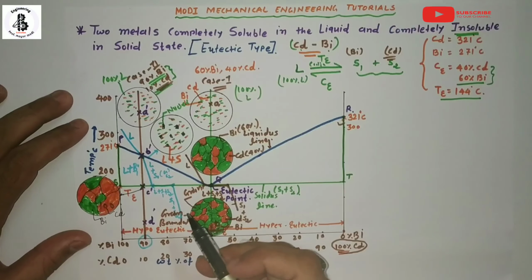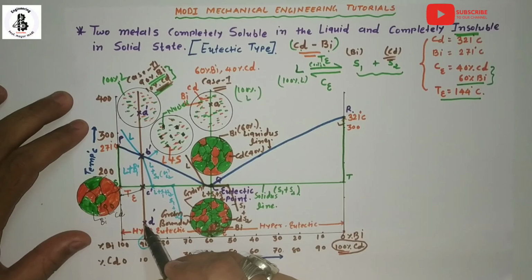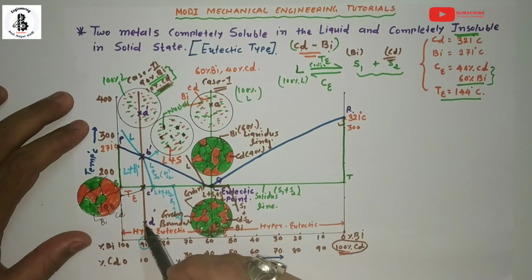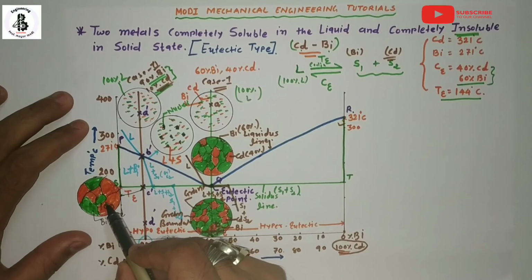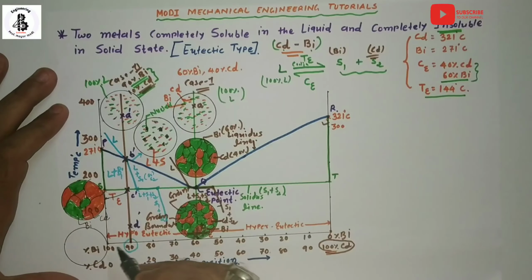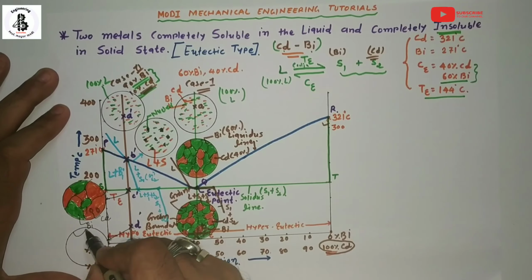Now I would like to make a microstructure at room temperature. At room temperature, once again it will be a mix of two different solids, cadmium and bismuth, but you can observe that there is a refinement of the grain structure. You can see the microstructure at point D dash.